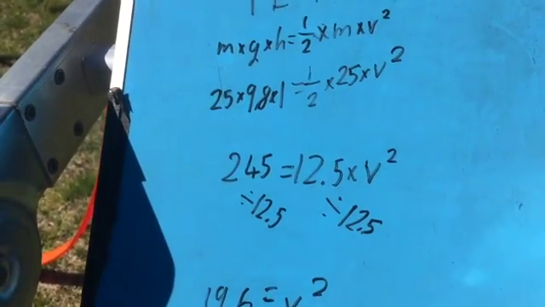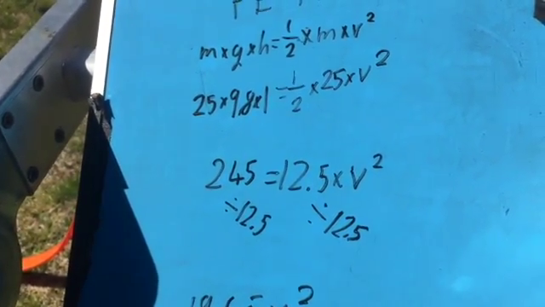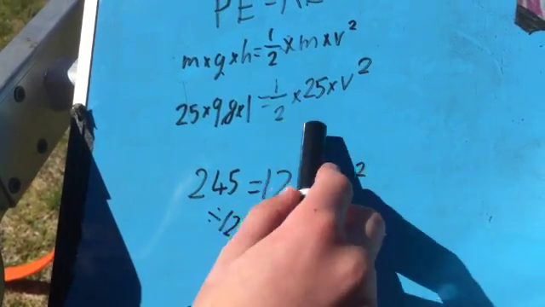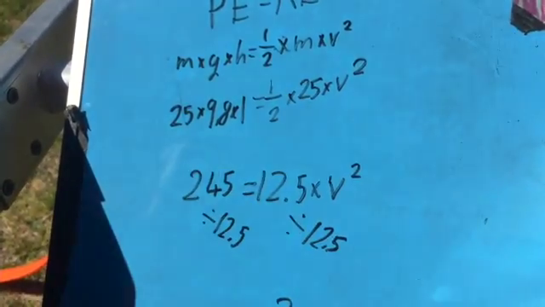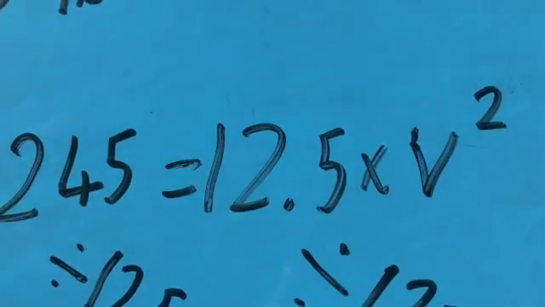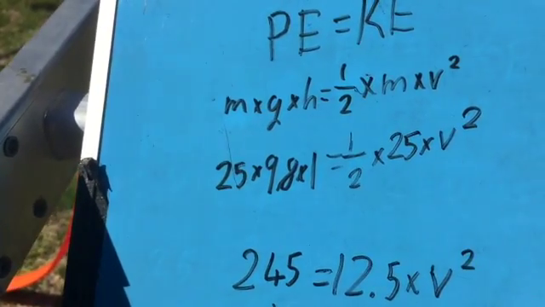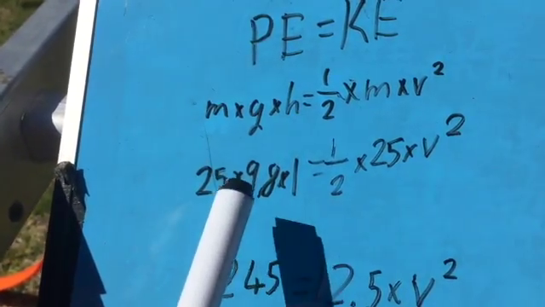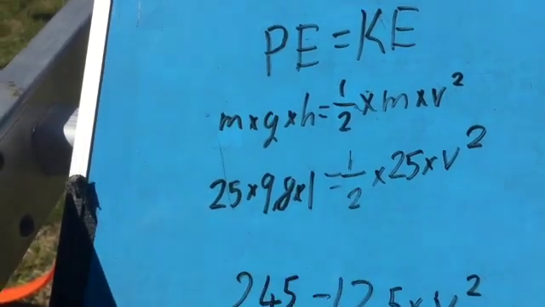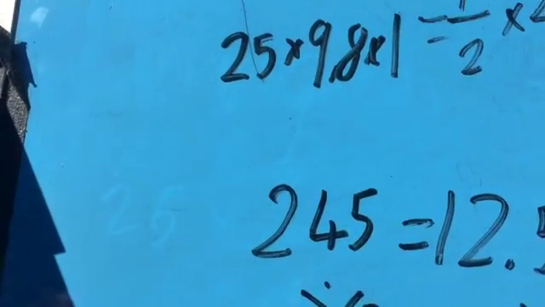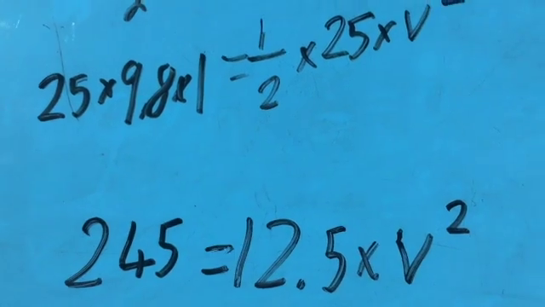So what we do is work out half of 25, that's 12.5. And 25 times 9.8 times 1 is 245. Use a calculator for this.